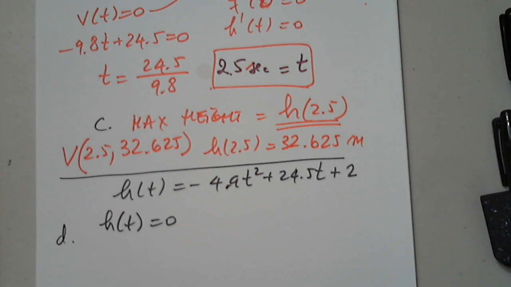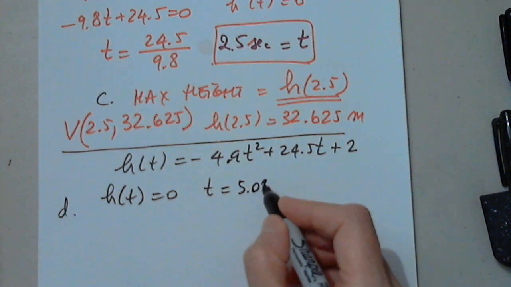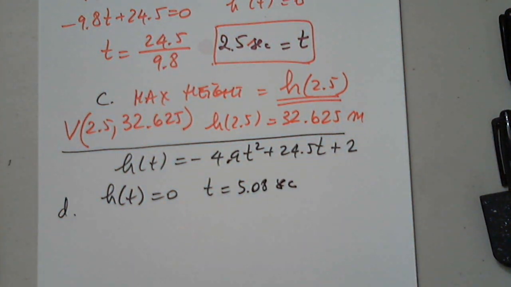Otherwise, you're not going to obtain anything. And then I have to solve, and I get, of course, negative time is not allowed. So then t equals 5.08 seconds. So in 5.08 seconds, the projectile will hit the ground.